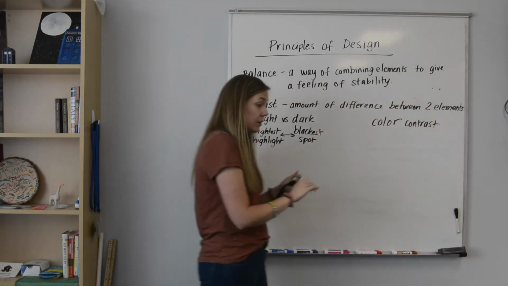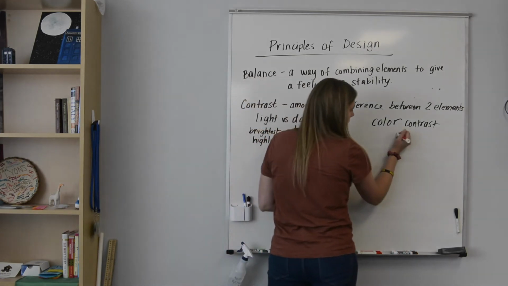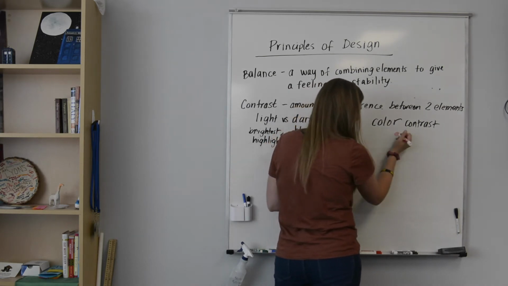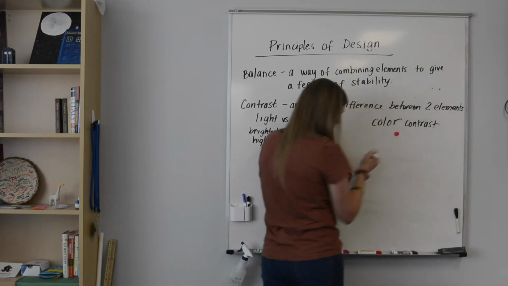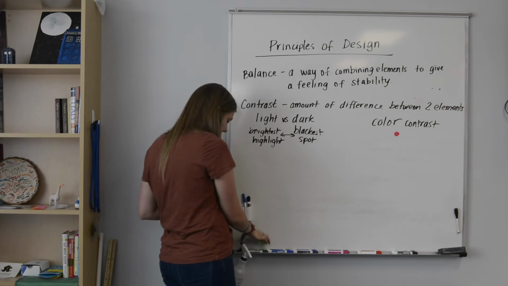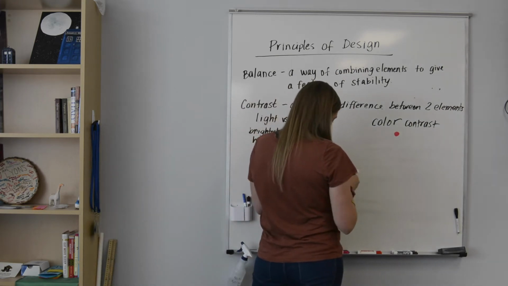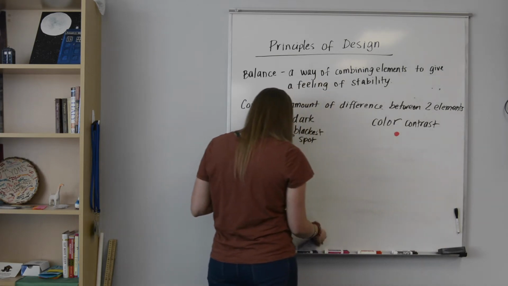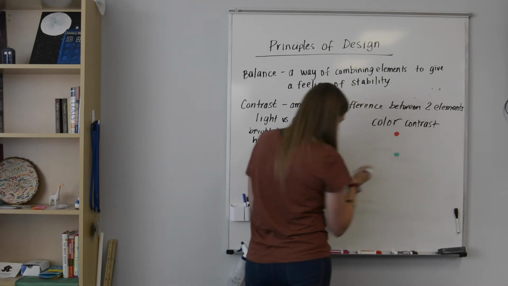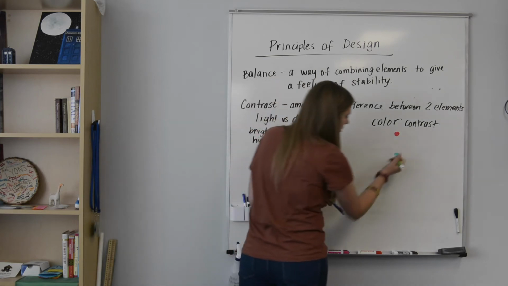You may have heard of the color wheel before. All right, you have red. That's not a very good red marker. Let's try again. There we go. All right, the color wheel, we have red. I don't have all the markers that will help me to do a good job of this, because I would need yellow and stuff. Okay, red, green. Let's try making that green a little bit better.